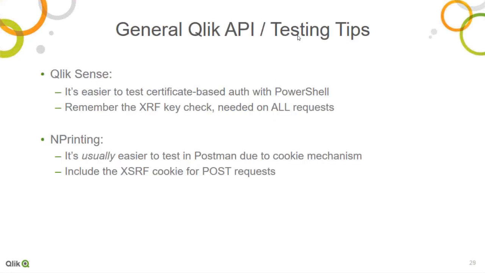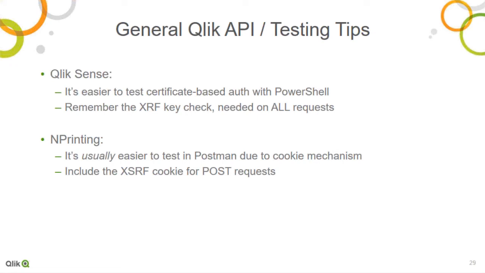So some final just general API testing information and tips. For Qlik Sense, generally I find it's easier to test certificate-based authentication with PowerShell just because I can pull it from the certificate store. Postman's pretty straightforward too. You just need to manually specify what certificate you want to point it at. And of course, remember with the QRS API that you need to do the XRF key check that is needed on all requests.